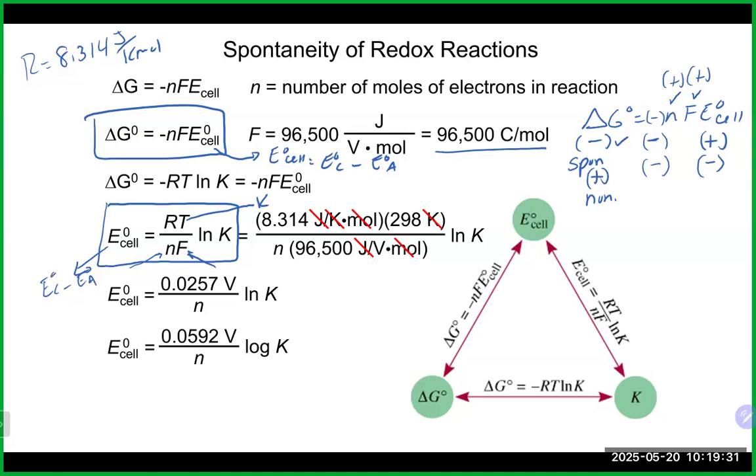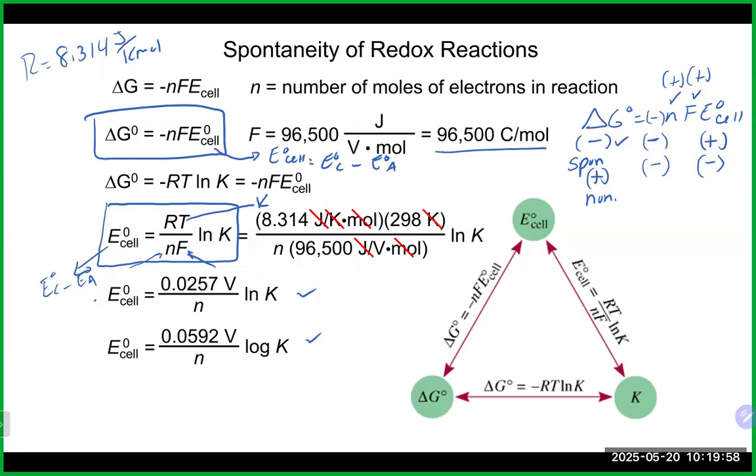Now, if you're at 25 degrees Celsius, basically the R, the T, and the F all become like a constant. There are two versions of this equation that you sometimes see: 0.0257 volts over N times the natural log of K, or 0.0592 volts over N times the log of K, in case you're using base 10 log of K versus natural log.